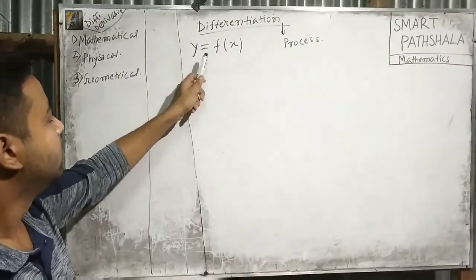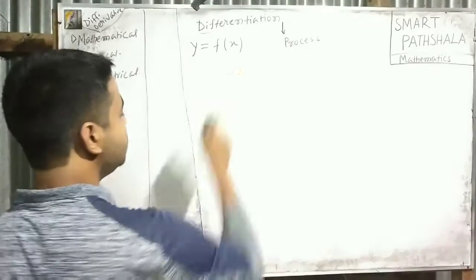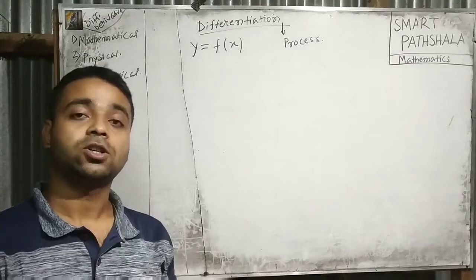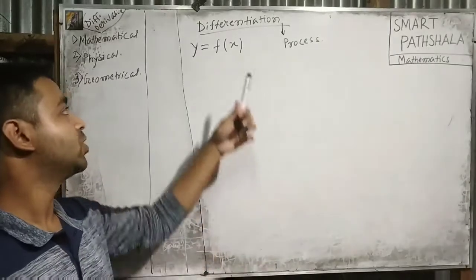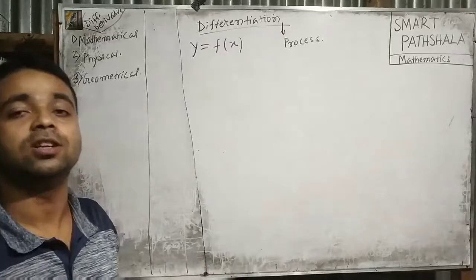Okay. Now, if y is equal to f of x be a function, then differentiation is the process by which we measure the rate of change of this function f of x with respect to x, change in x.